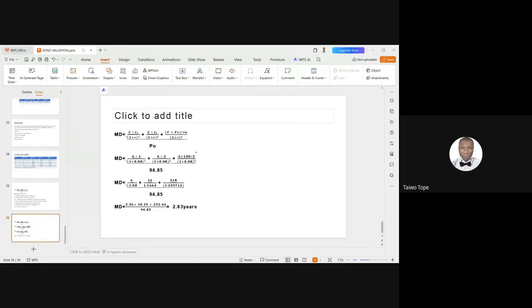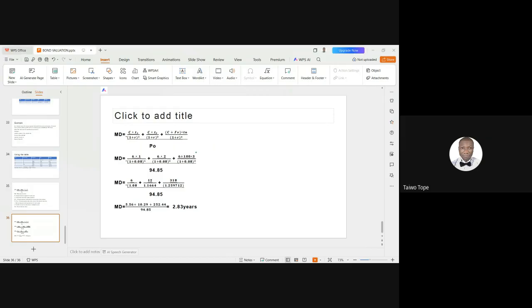So in a question, you can be given old price and new price. Once you get your modified duration, you can compare with the old one, the percentage change. Your formula for percentage change is old minus new divided by old, multiplied by 100.